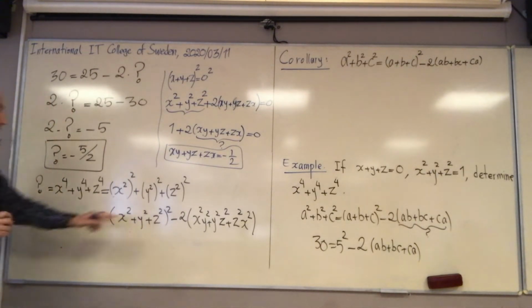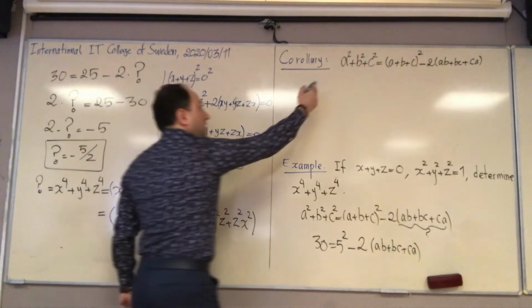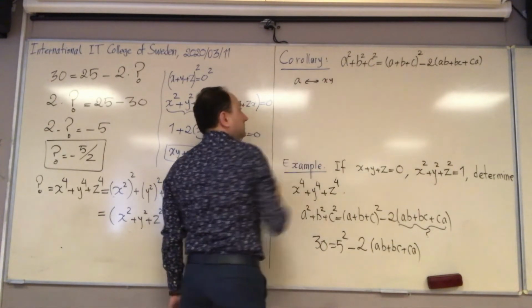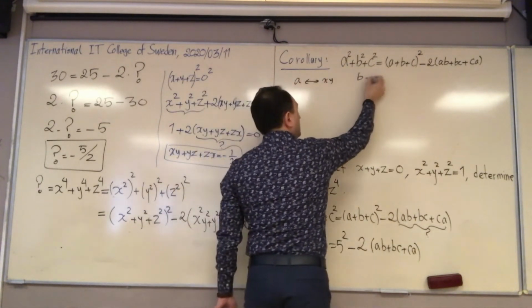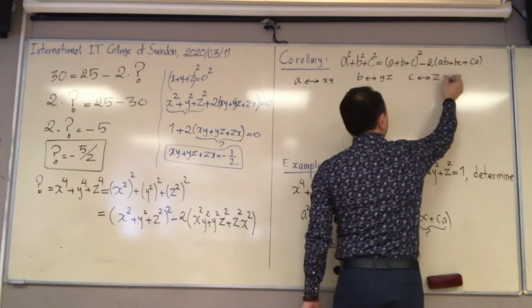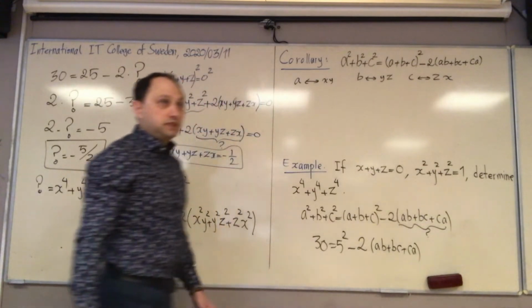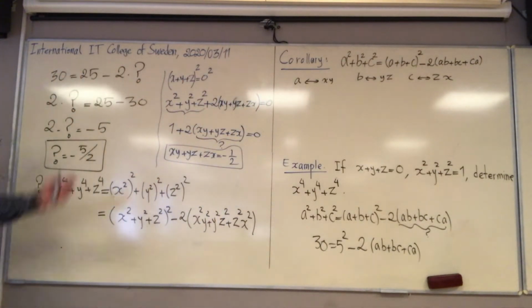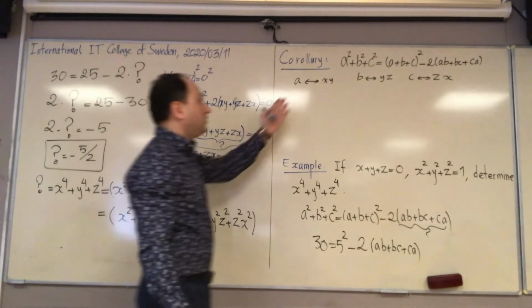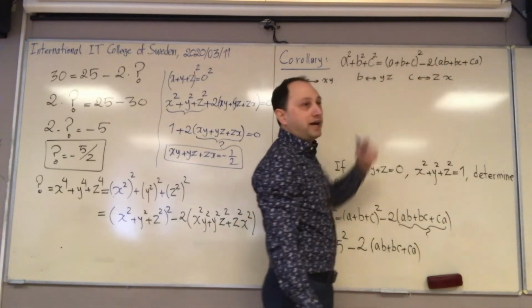Okay, but now what Luve is saying is that look at this corollary. Replace A with xy, replace B with yz, and replace C with zx. Because it's a corollary, it means that this is valid for all possible choices of A, B, and C. Then you need to be observant and smart to discover the useful pattern yourself.